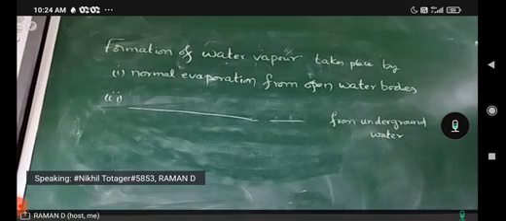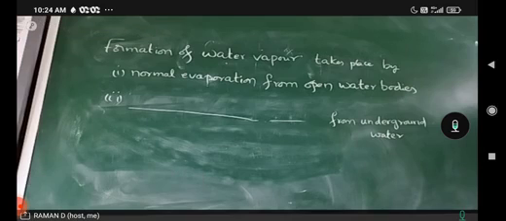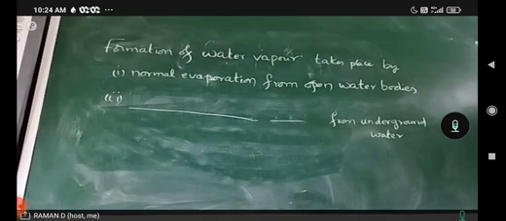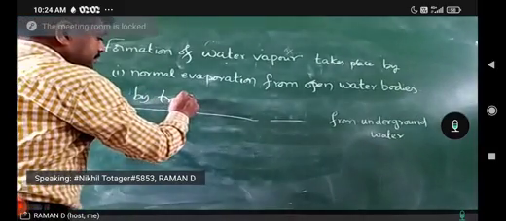So, underground water will be joining the atmosphere in the form of water vapor by the plant's transpiration. Got it? Okay? Water from the roots, and while transpiration, water will become vapor.